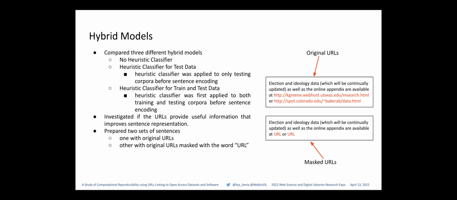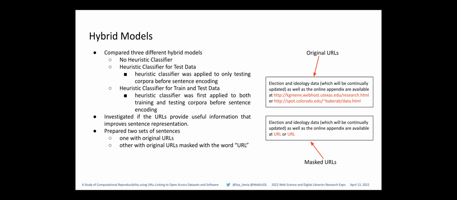For the second model, heuristic classifier for test data, we applied the heuristic classifier to only the testing corpora before sentence encoding. After that, the remaining sentences we fed into the logistic regression classifier.